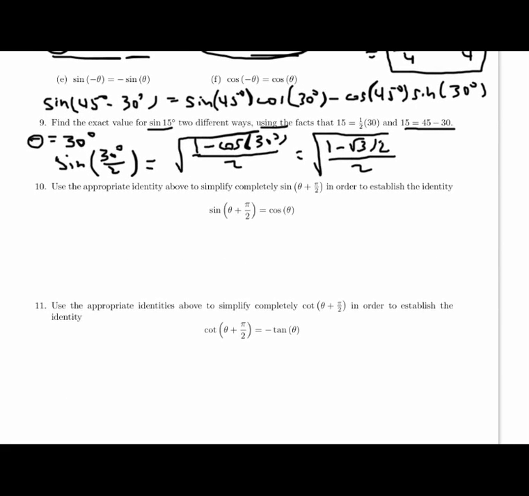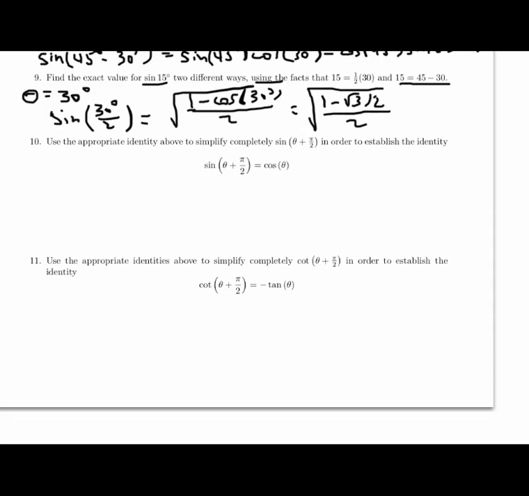The other kind of problems that you would have seen on your worksheet has to do with using the formulas that we were using to verify some identity. So this is just a matter of plugging into the formula again, but it's sort of a case where we know what the answer is supposed to be.